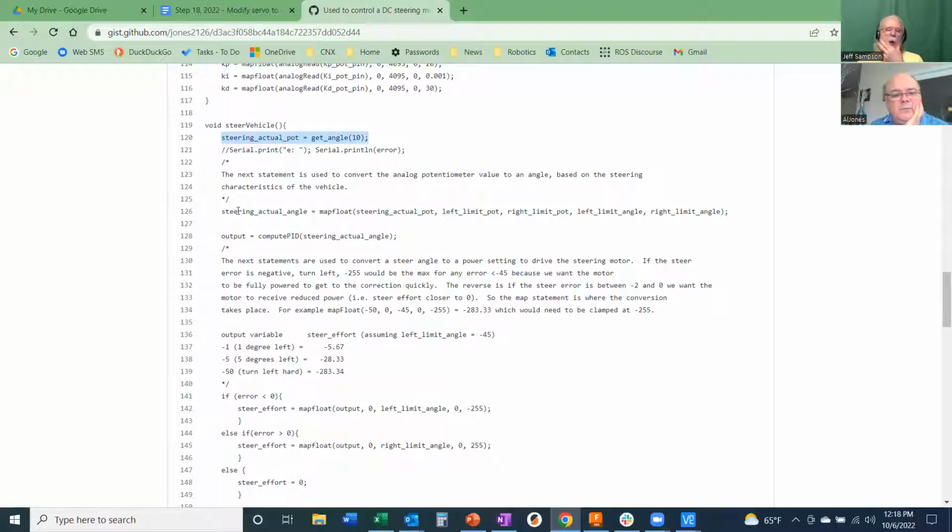I took the actual potentiometer and mapped it to the left and right limit, and based on the conversation the last time, used 45 degrees left and 45 degrees right as a starting point for that mapping function.